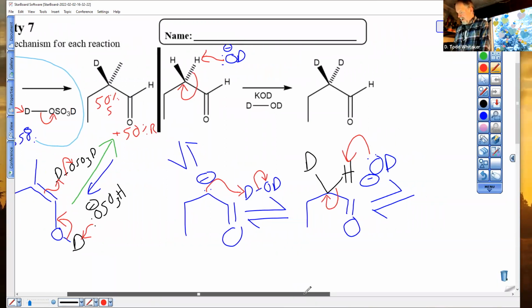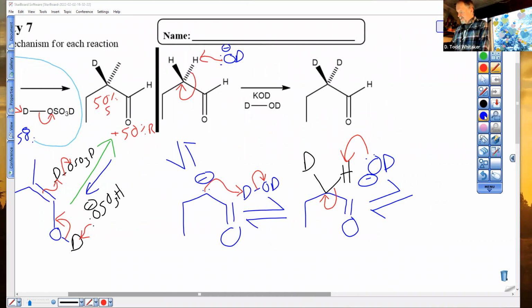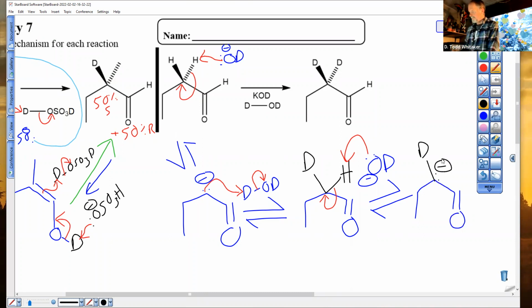And I'll also talk about the other option I just verbally talked about, where you have the double bond between carbons called an enolate. And if you want to finish this one off, DOD again.